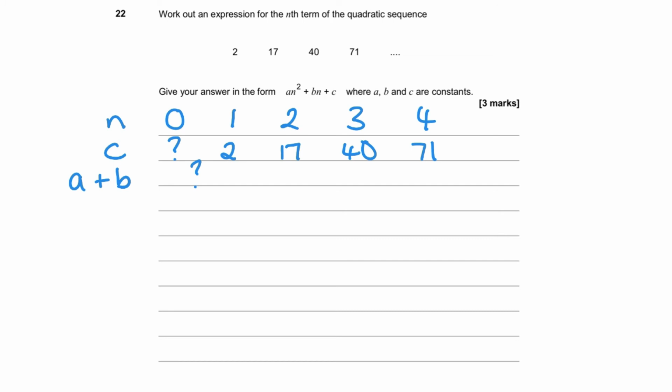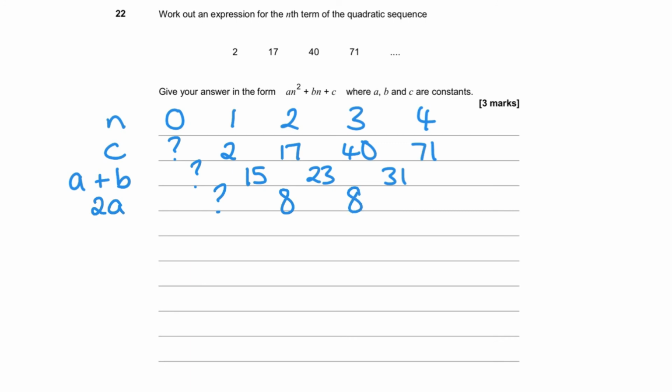The difference between 17 and 2 is 15. The difference between 40 and 17 is 23. The difference between 71 and 40 is 31. So our last row is labelled 2A, and this is the differences between the differences. So we don't know the first one. The difference between 23 and 15 is 8, and the difference between 31 and 23 is 8.